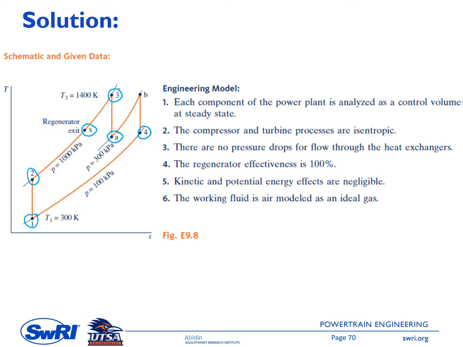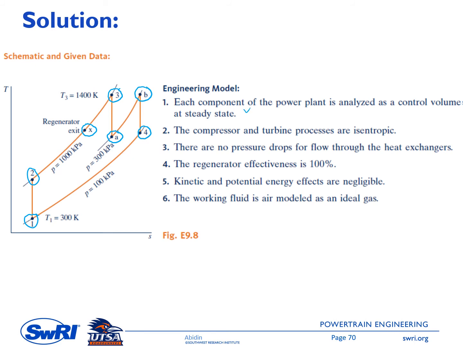And then the mixture is reheated back to 1400 Kelvin again, state B here. Okay, and then at the last turbine, there will be an expansion that changes state B to state 4. Okay, and you don't need to consider the state at the exit of the regenerator on the hot side because you don't need it.